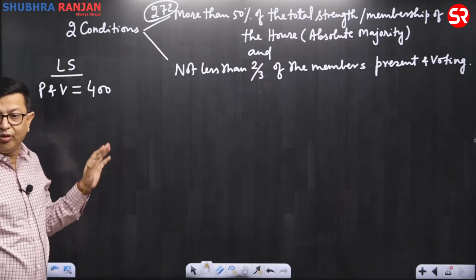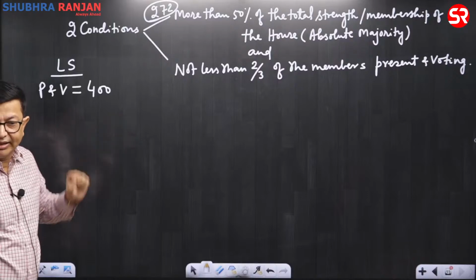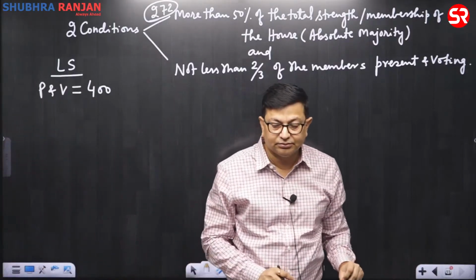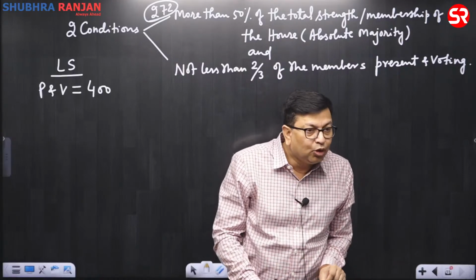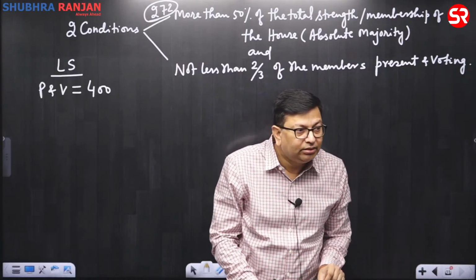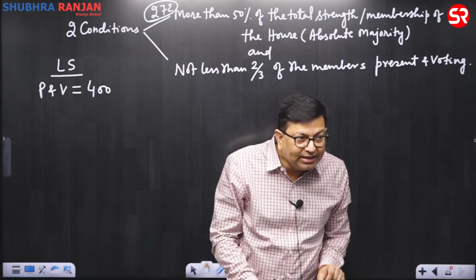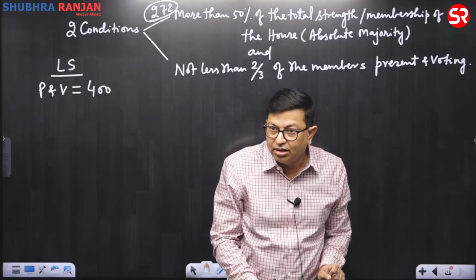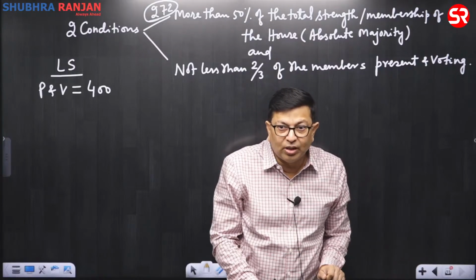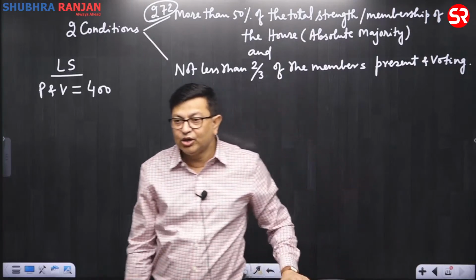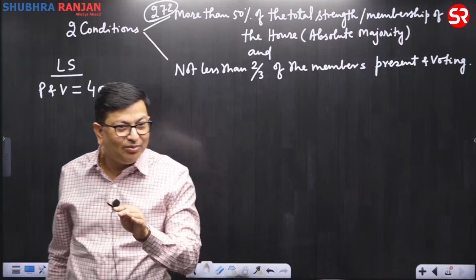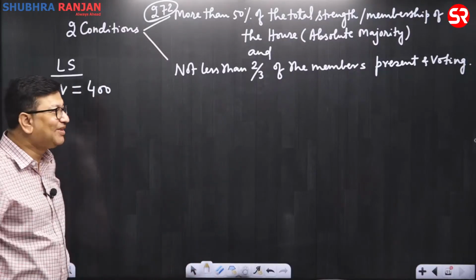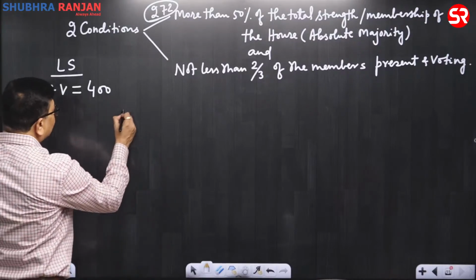Now 400 members are present as well as voting. What will be the 2/3 of 400? 266. Sure. 267. Because it will be 266.66, and an individual you cannot cut, so the next number will be taken. So 267.